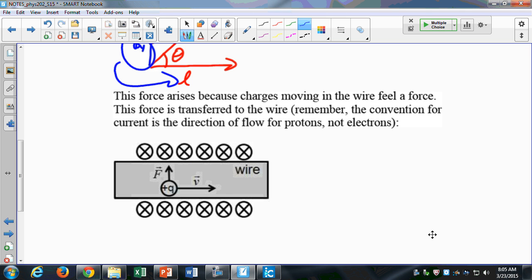So for example here, if I have a charge inside of a wire and it's moving to the right, and there's a magnetic field here, then I can imagine my velocity is to the right, my magnetic field is into the page. So my force on this little charge that's moving in this wire is going to be up. So if you imagine you have a whole bunch of those charges moving through a wire, each of them feels an individual force, and that's going to cause a force on the wire.